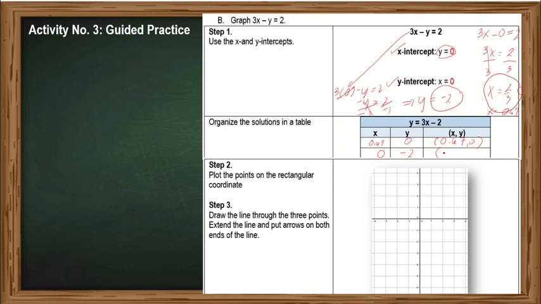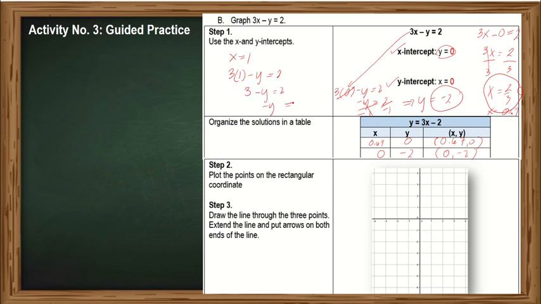Now we can add more points. Because our x here is not a whole number, let's look for another value of x. Say we have here 1. When x is equal to 1, we have 3 times our x, that is 1, minus y equals 2. So we have 3 times 1 is 3, minus y is equal to 2.